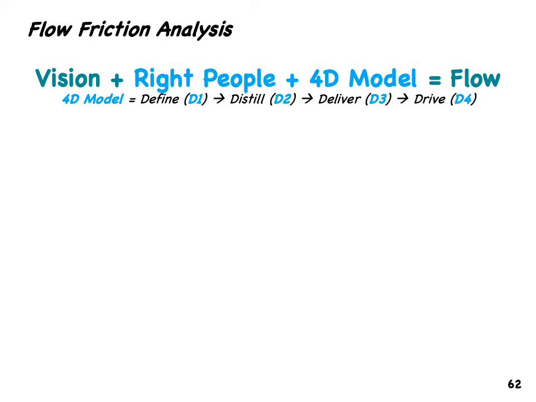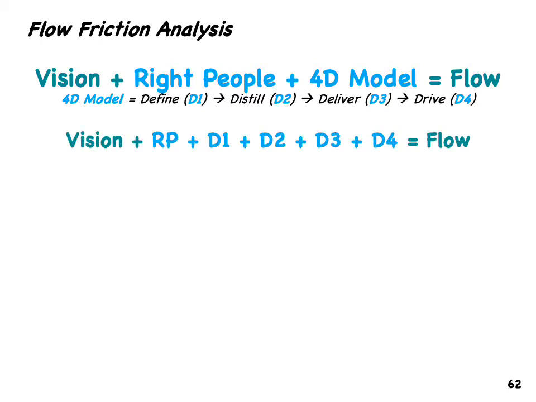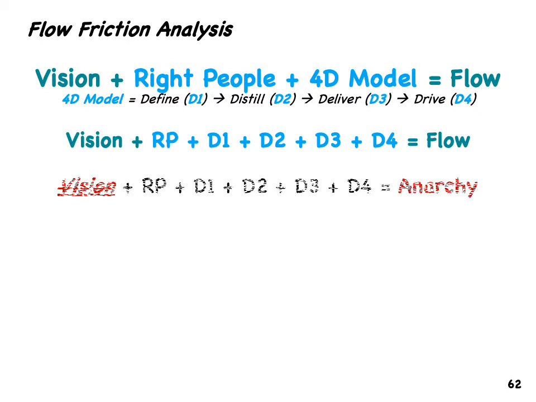The flow friction analysis builds on the flow formula. And so basically, it's built on if you have the right vision, plus the right people, plus the right definitions, you've distilled agreement, the team is delivering, and you're driving through retrospectives and continuously filtering everything you do against the vision, then you can achieve flow.